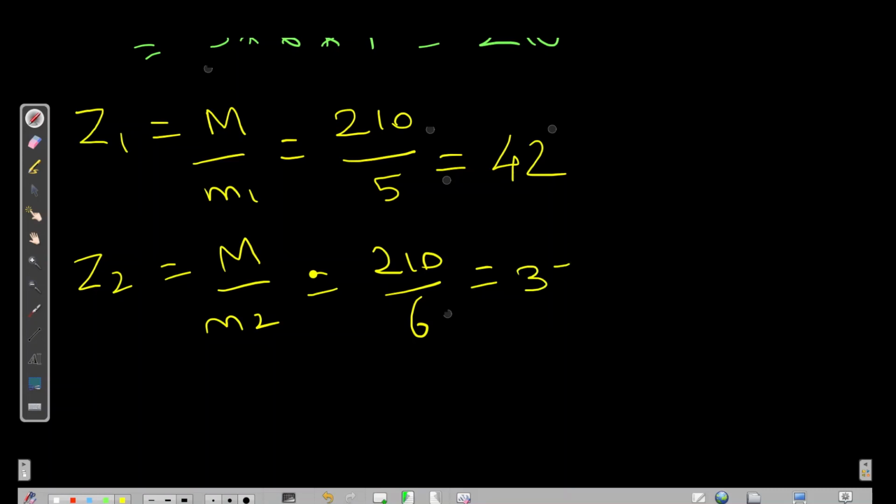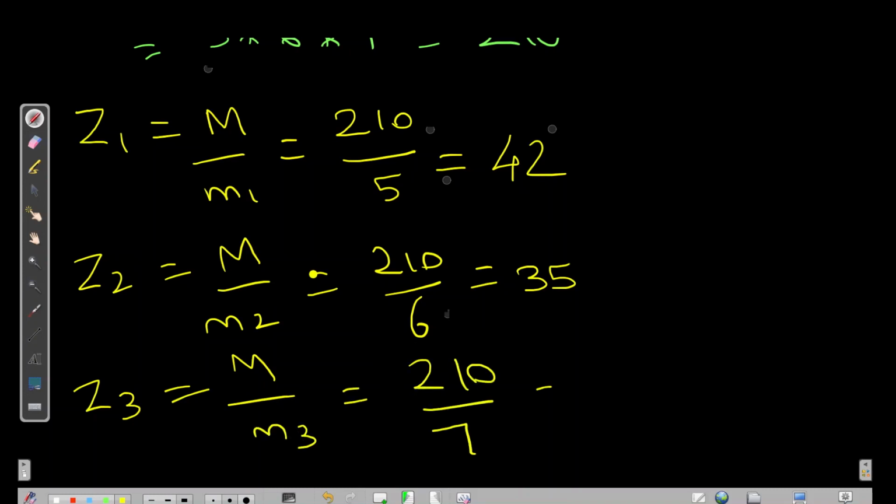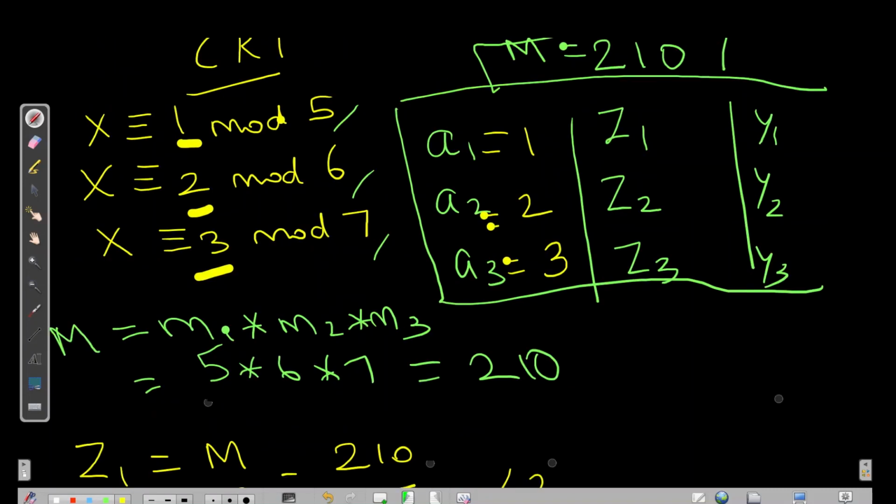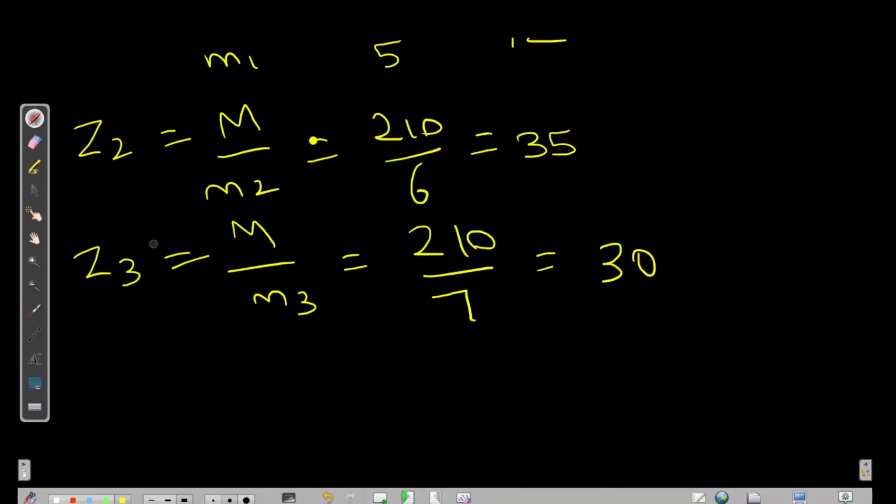Here it will give 35. Similarly, z3 equals capital M divided by small m3, which is 210 divided by 7, which is equal to 30. So now I got z1 is 42, z2 is 35, and z3 is 30. Now we're going to fill the values here. z1 is 42, z2 is 35, and z3 is 30. Our next step is to identify y1, y2, y3.